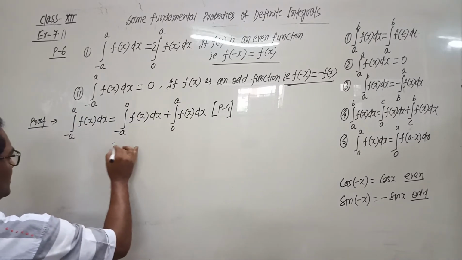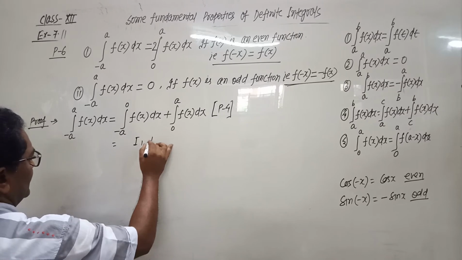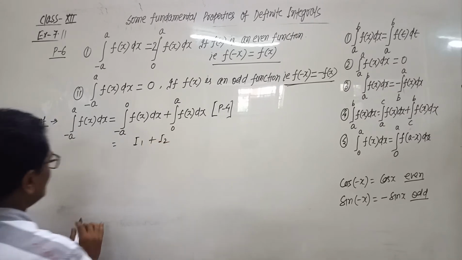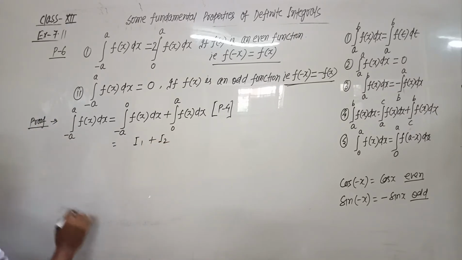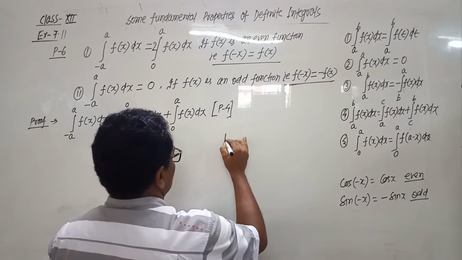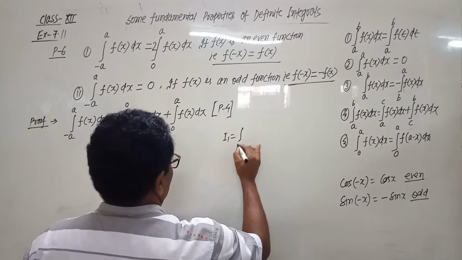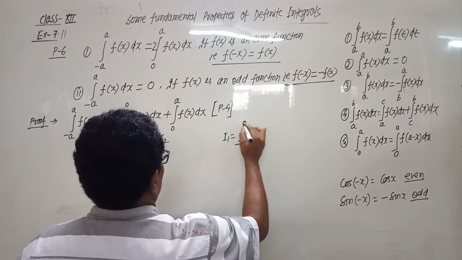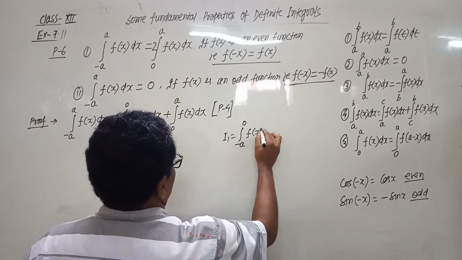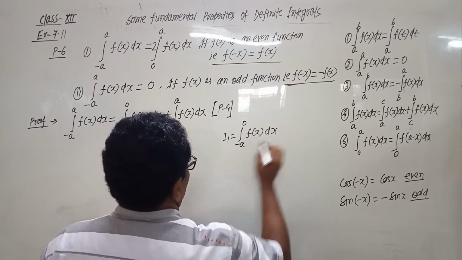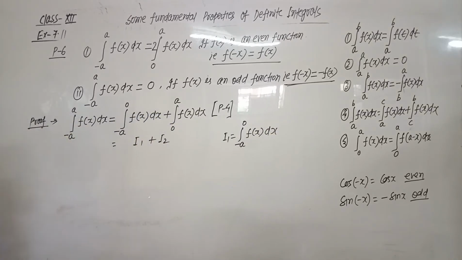Now let these be I1 and I2. So solve I1. I1 is integration from minus a to 0 of f(x) dx.